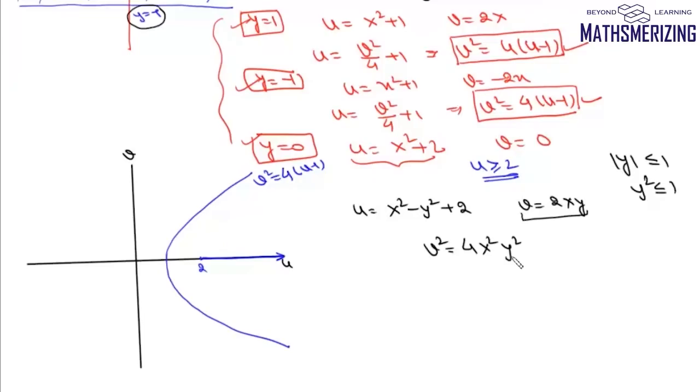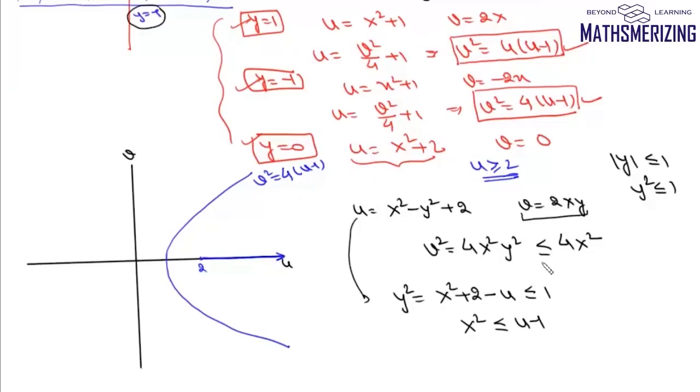So we can write v square is less than or equal to 4x square. From the first equation, y square is x square plus 2 minus u, and again it is less than or equal to 1, so x square is less than or equal to u minus 1. So now we have two inequalities: v square is less than or equal to 4x square, and x square is less than or equal to u minus 1.